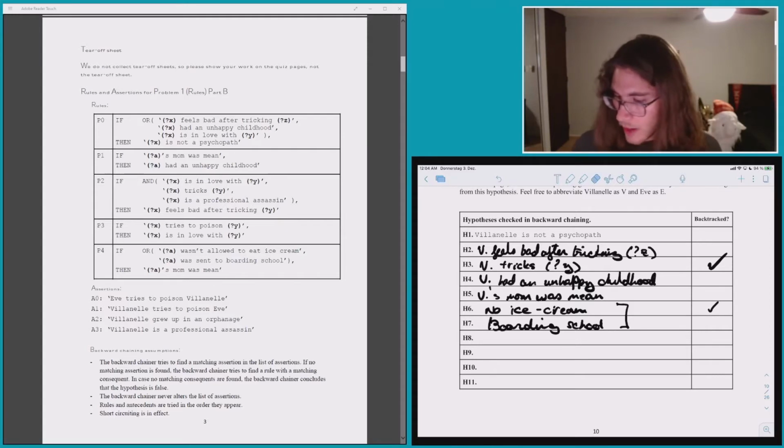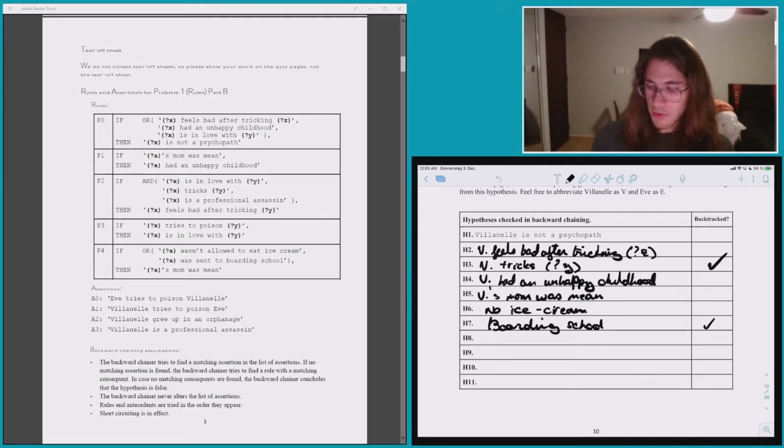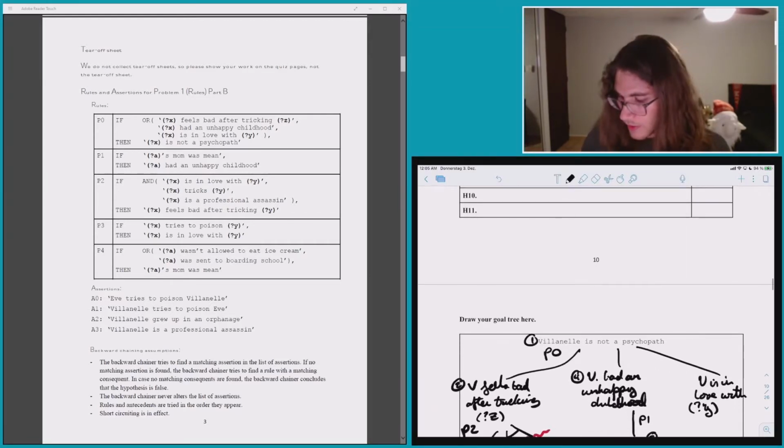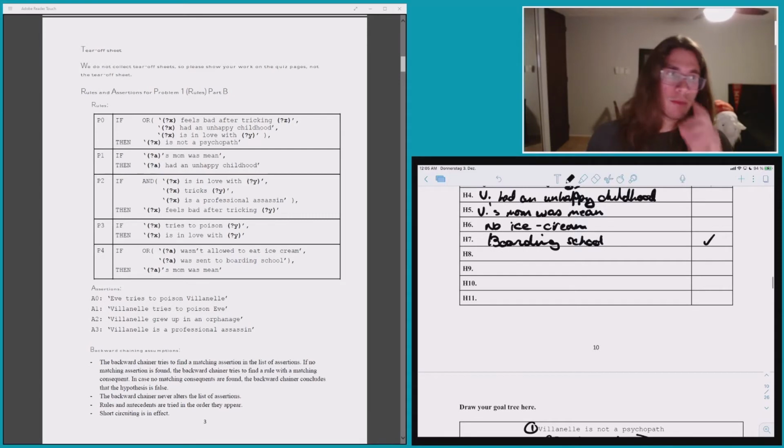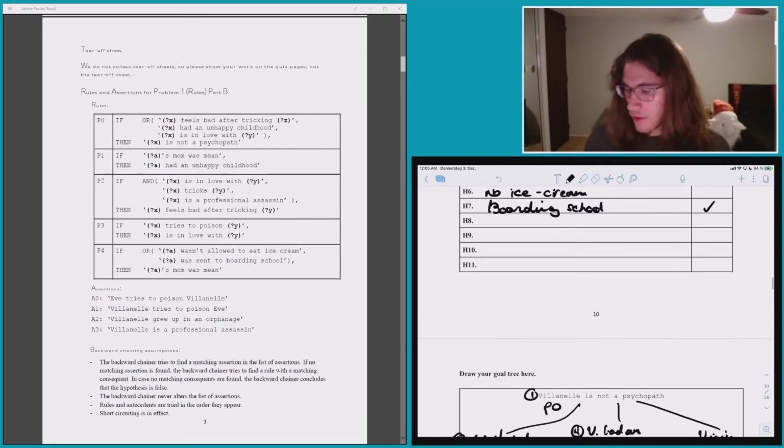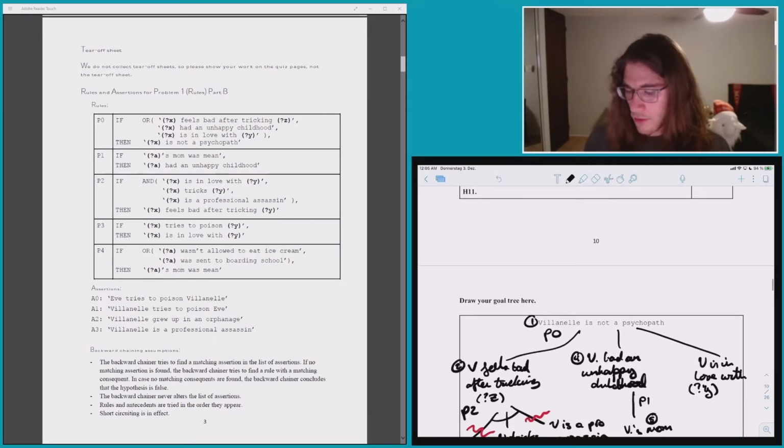In the way I'm treating this problem, going from no ice cream to boarding school isn't backtracking, but then when the boarding school rule does not match any consequence or assertions, we're moving away from P4 and we're going back up, in this case, to P0, to the next child of P0, because we've disproved at least this middle child.